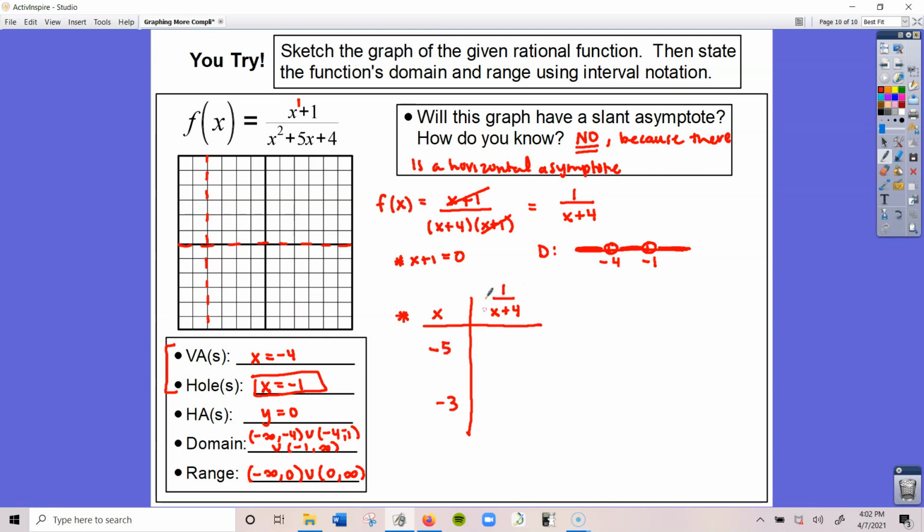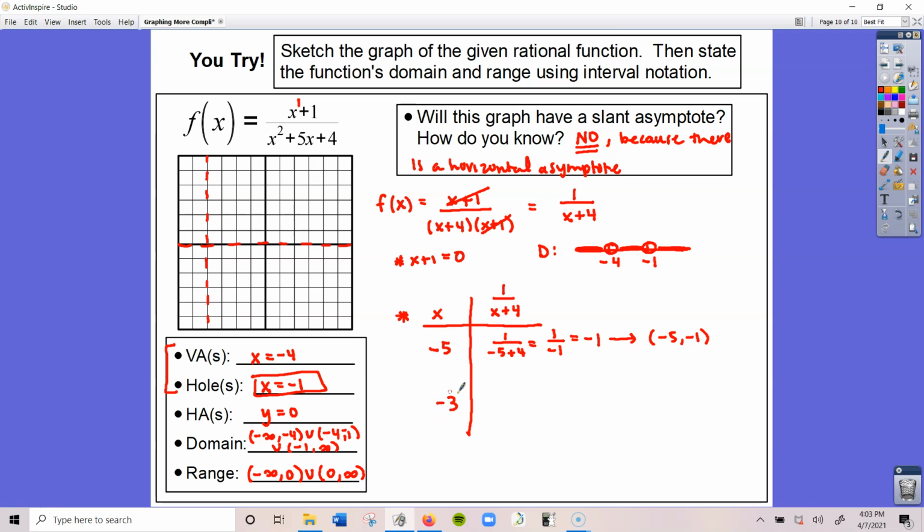And now we plug it into my function. So we have 1 over negative 5 plus 4, which gives me 1 over negative 1, and 1 divided by negative 1 is negative 1. So I have a coordinate at negative 5, negative 1.